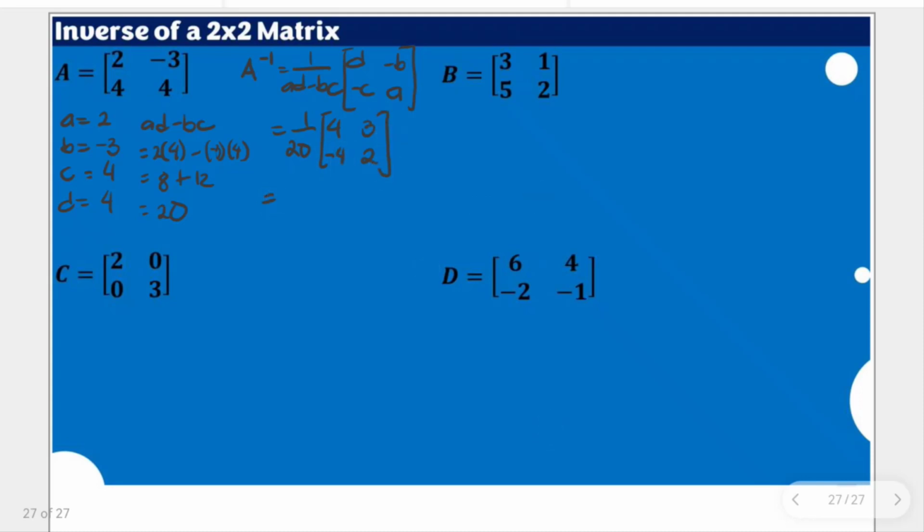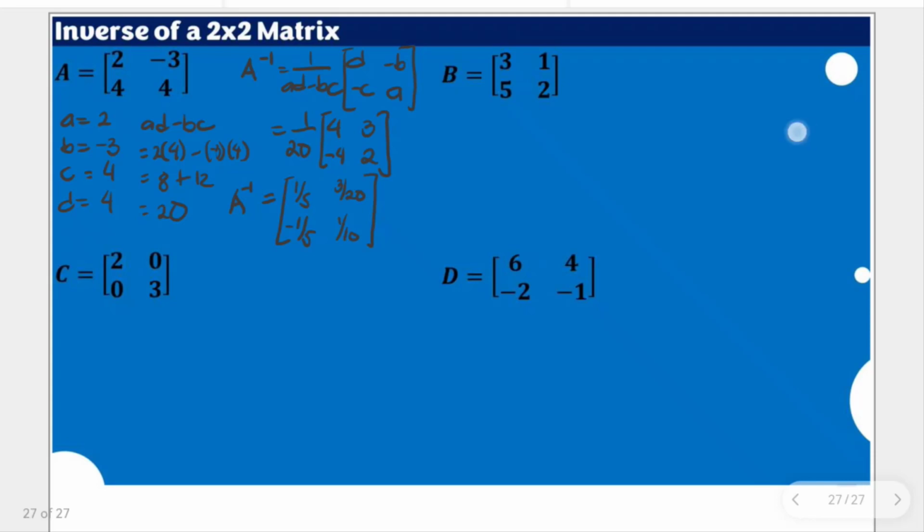And if we're going to do that, the inverse of A is 4 over 20, or 1/5, negative 1/5 here, 3 over 20, and 1/10 here. So this is the inverse of the first 2 by 2 matrix using theorem 1.4.5. If I'm correct, that's 1.4.5.